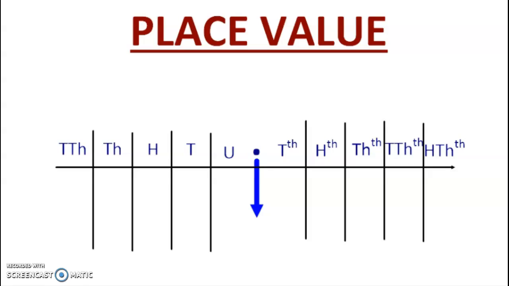And we've talked about this before, how there are more places than this, further to the left and further to the right. But the ones we need to know about are those central 8 or 10 columns.